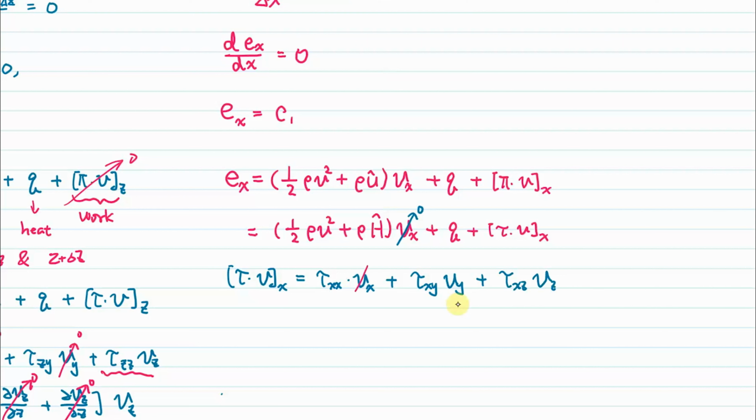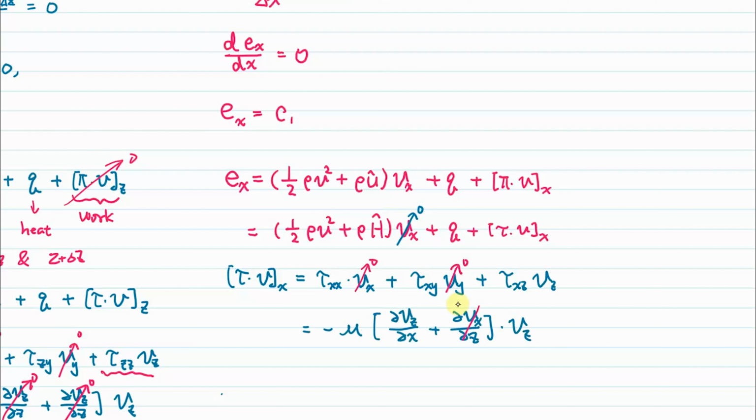Again, no vx, no vy, but now we have the shear stress, so it's negative mu times (partial vz partial x plus partial vx partial z) times vz.